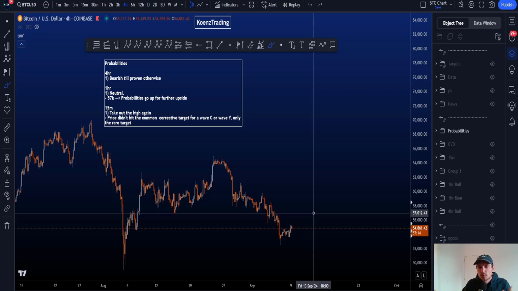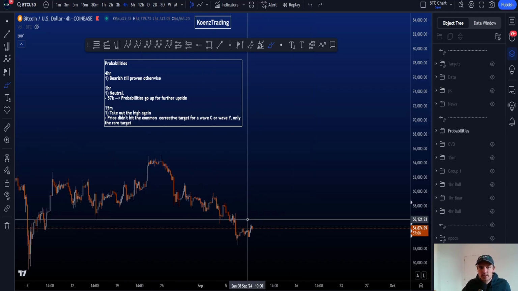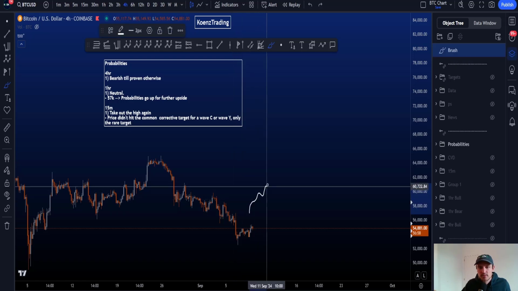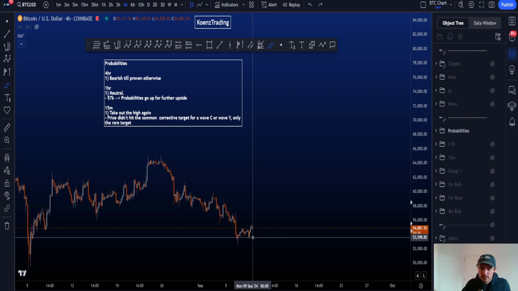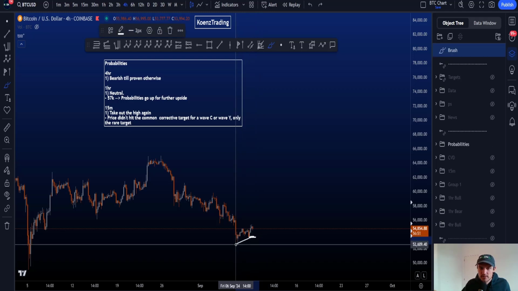But as shown, one can't give the highest probabilities to an impulse, a diagonal, a multi 1, 2, or a triangle. On the 1-hour time frame, the probabilities at the moment are neutral, right? Good to wait for a bit more price action, and if price does take out 57k, the probabilities increase for further upside. Arguably as well, if price takes out 53.6k, this low here, the probabilities increase for price to move down.